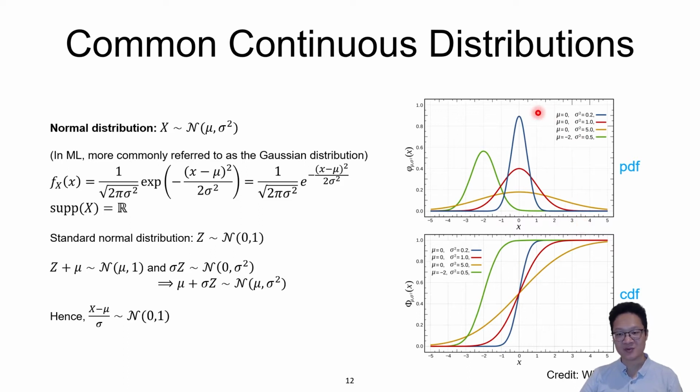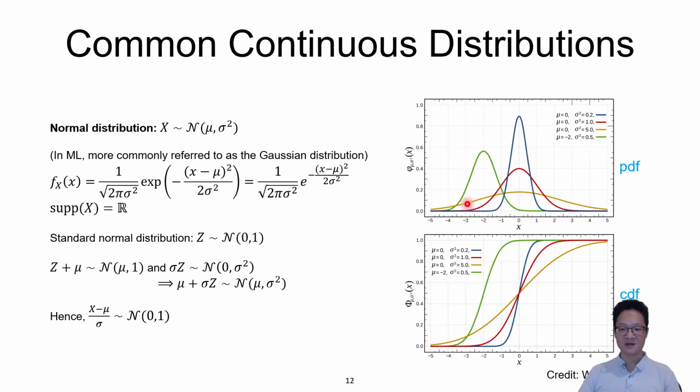For example, for the dark blue curve, we have mu equals 0, so the peak is at the center, and sigma squared equals 0.2. If we keep the mean at 0 but sigma squared becomes 5, then we get the orange curve, which is very wide but still centered at 0. You'll notice that it's also a bit shorter because we need to keep the area under the curve equal to 1.